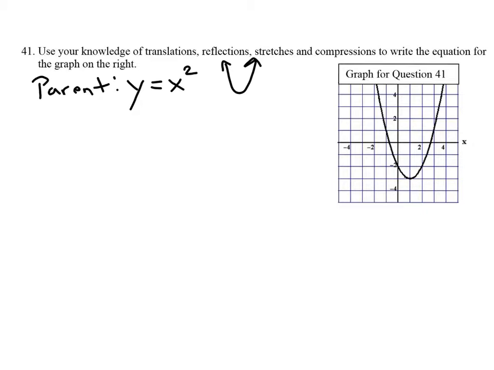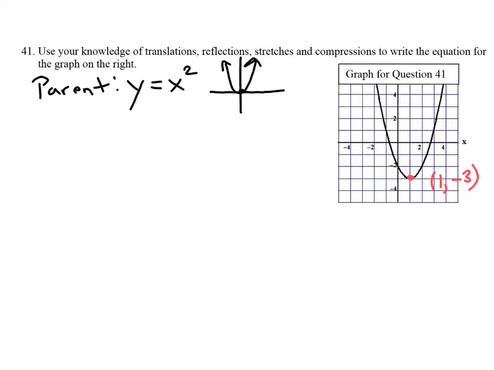Then we think about the fact that plain old y equals x squared has a vertex right at the origin, at (0, 0). And the vertex in this graph is down here with coordinates (1, -3).